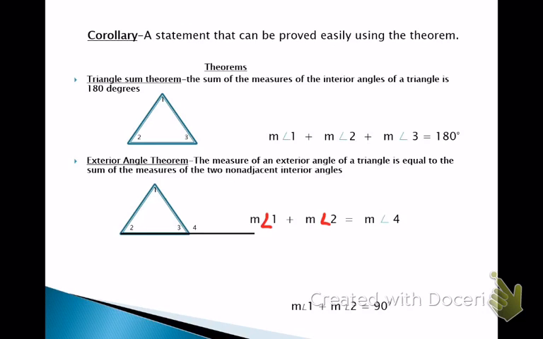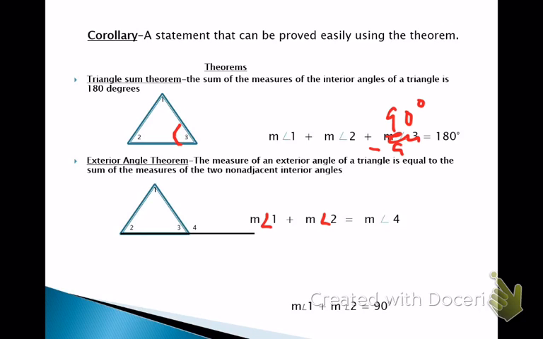Now, the next rule we're going to take a look at is not a theorem, it's a corollary. It's an extension from the triangle sum theorem, right? So what if angle 3 was a right angle? If angle 3 up here was a right angle, then we would know that the measure of angle 3 was 90 degrees. It would always be 90 degrees.